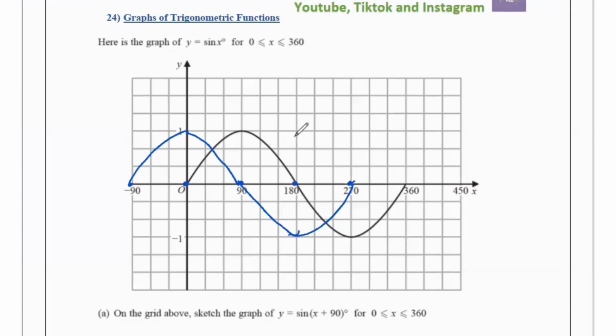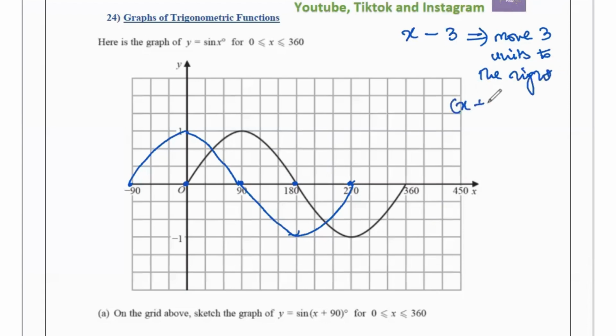So what you need to remember is that if something is being added to x, you move to the left-hand side. If something is being subtracted, so if it's x minus 3, move 3 units to the right.